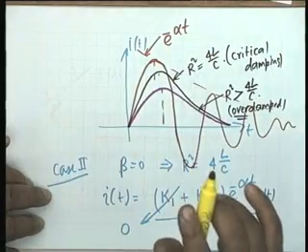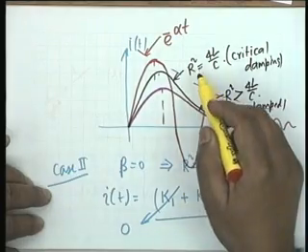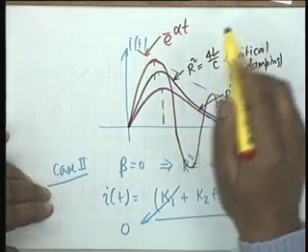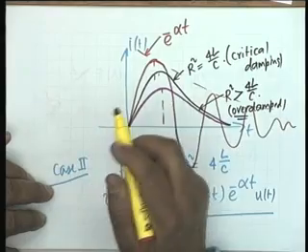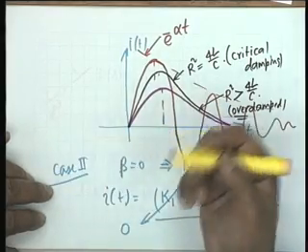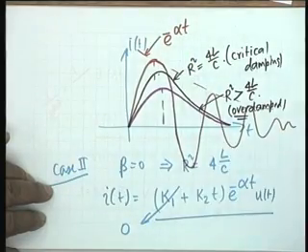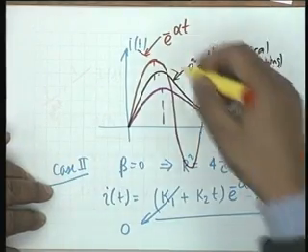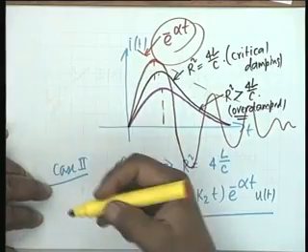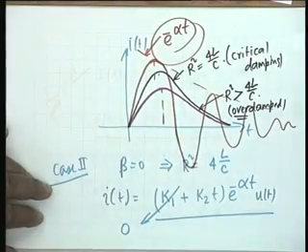But as soon as R goes below this value, that is R squared is less than 4L by C, the current behaves like a delinquent child. It goes on oscillating between positive and negative till it is forced by this damping factor e to the minus alpha t to ultimately come to 0 at t equal to infinity.